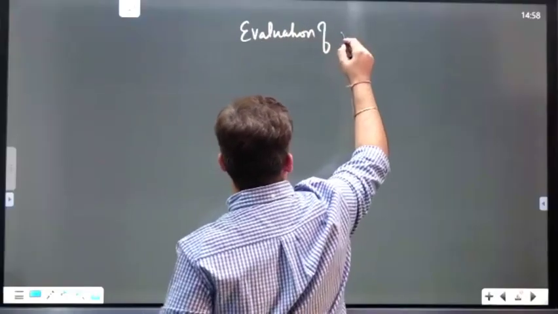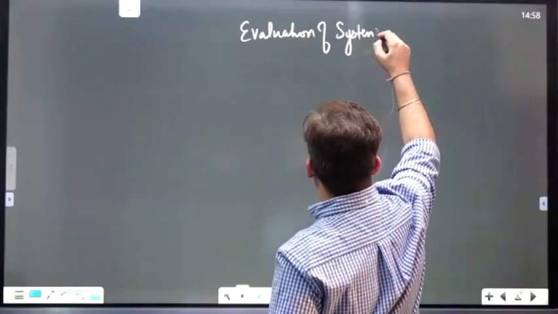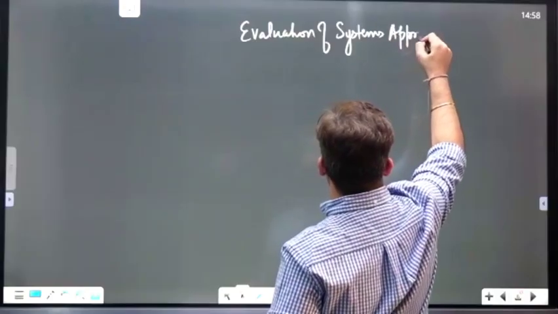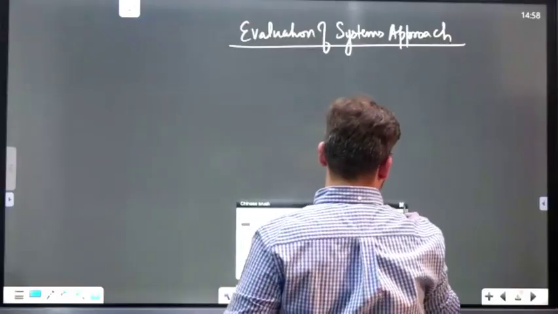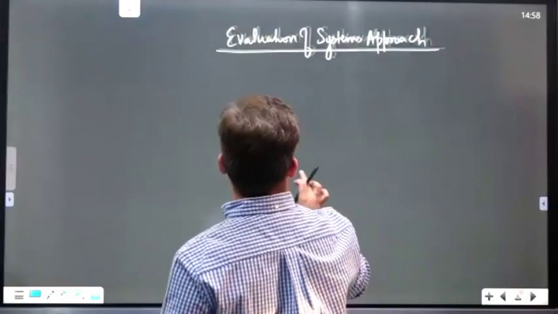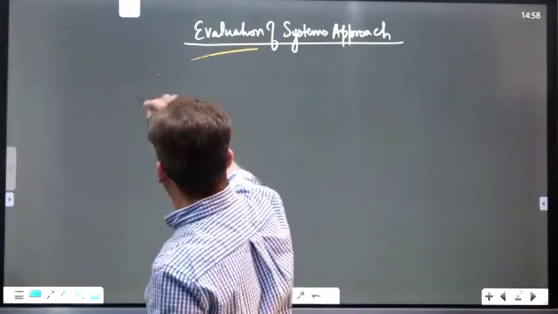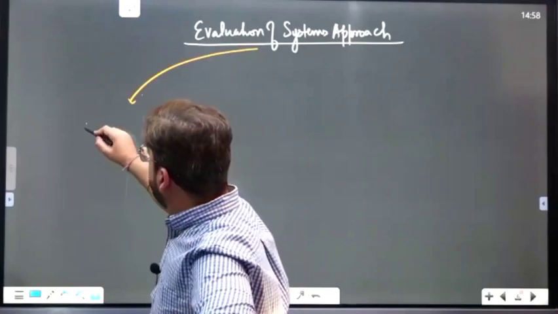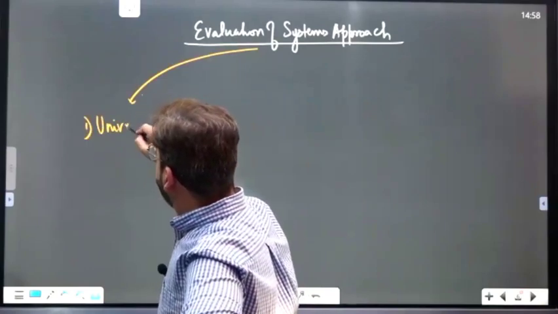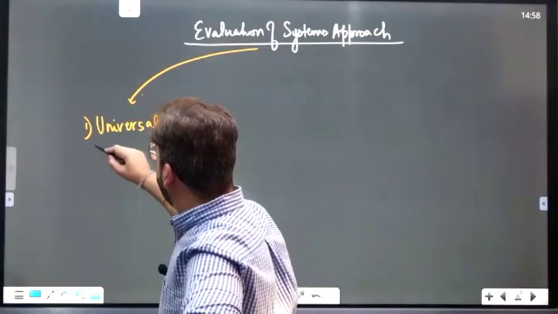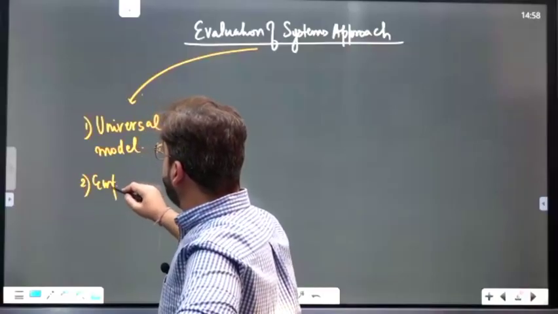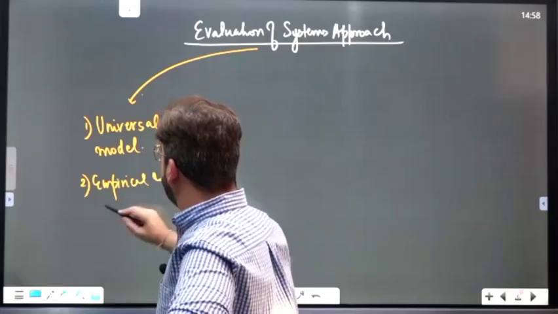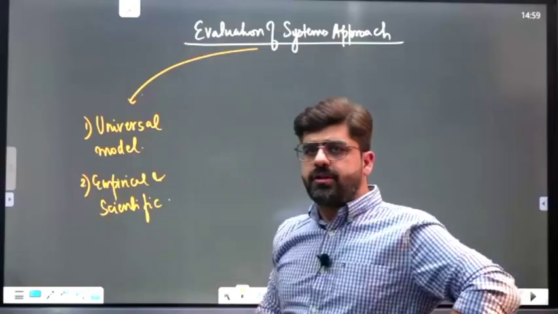Evaluation of the systems approach. Now, when we look at the systems approach, the evaluation part, one, it is a universal model. Second, it is empirical and scientific. Those are the positives.